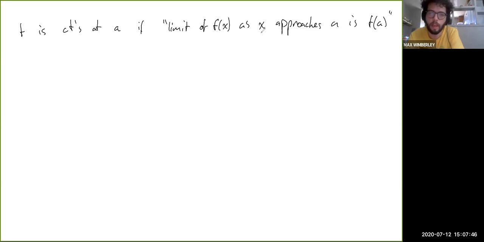Okay, so again, this is not the definition we're going to use. It absolutely is not a definition.